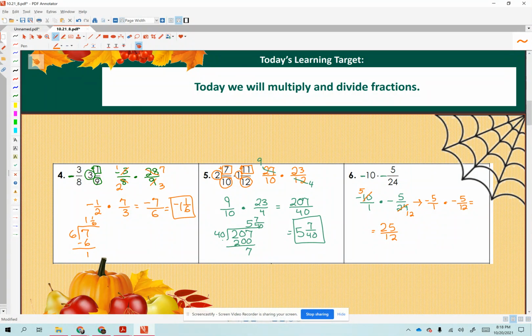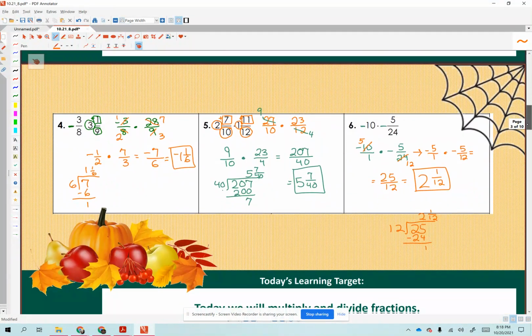And if we divide 25 by 12, which I'll do down here, I know that 12 times 2 is 24, which gives me 2 and 1/12 left over. So that's our final answer, 2 and 1/12 when expressed as a mixed number.